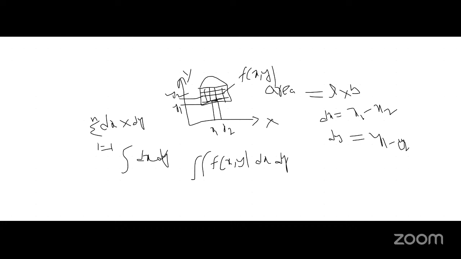Summation is nothing but integration, so double integration means the integration of f of x comma y dx dy. Now let's see the problems asked in the examination. I will share the PDF.